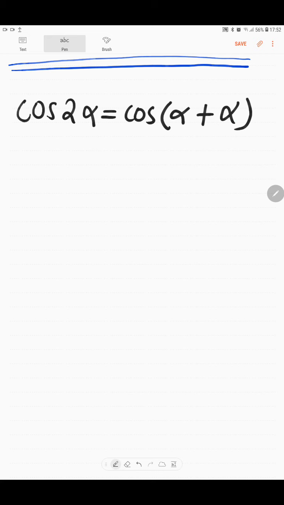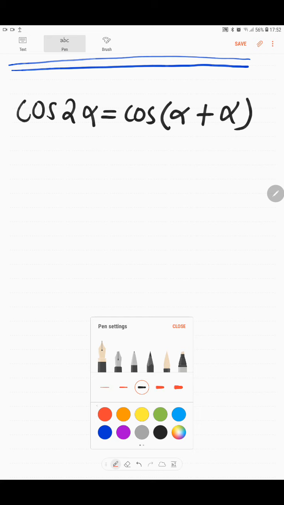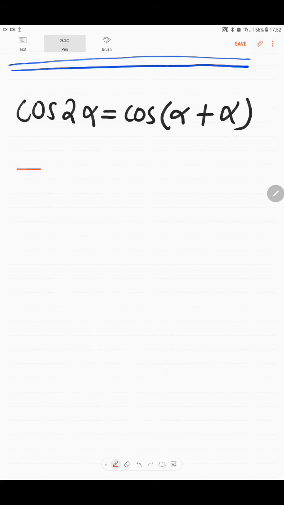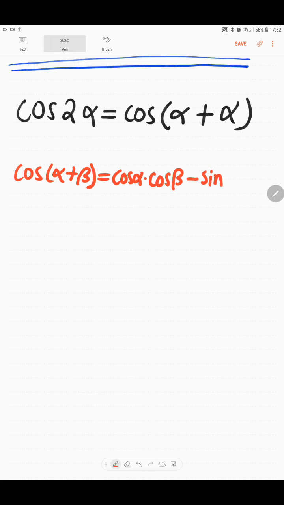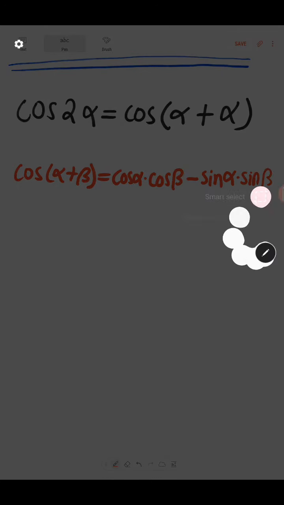And then from here, we juggle it with that compound angle formula. Let's just quickly write it here in red: it is equal to cos alpha cos beta minus sin alpha sin beta, and you would have something like that.